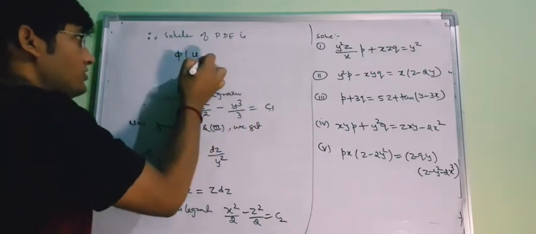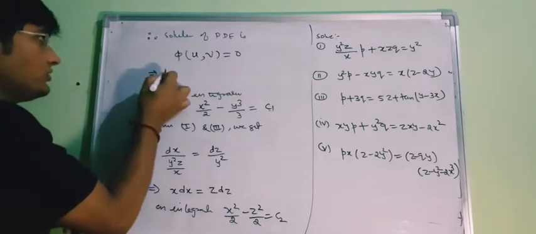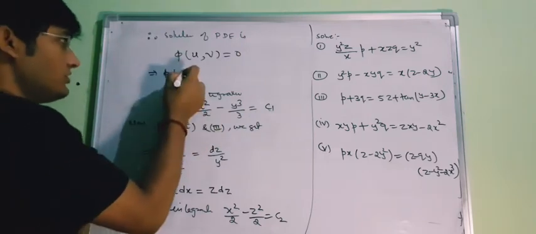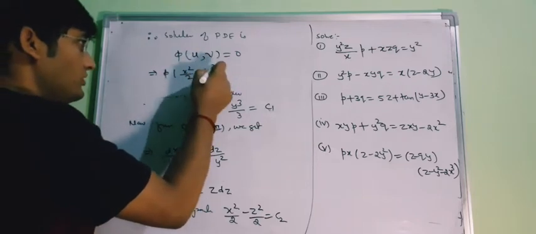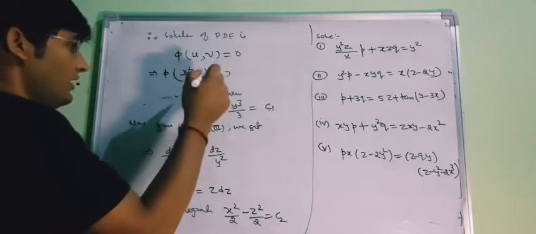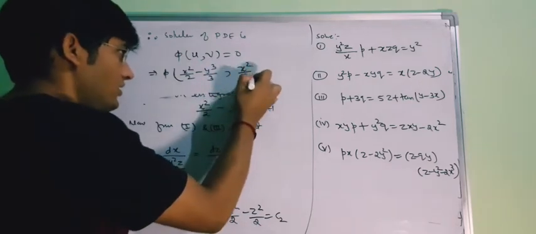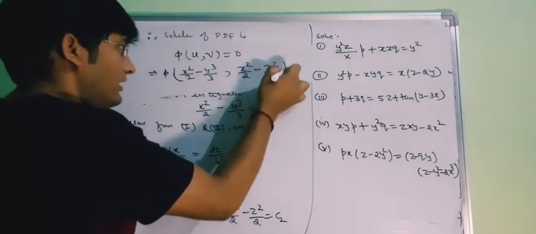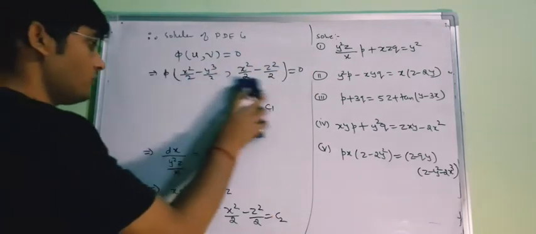So the solution will be phi of u, v equal to 0, where u is this first term, x square upon 2 minus y cube upon 3. Let us assume this one as v, then we will have x square by 2 minus z square by 2, and this is equal to 0. So this is the solution of the problem number 1.